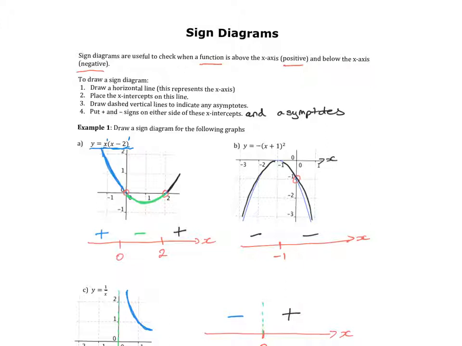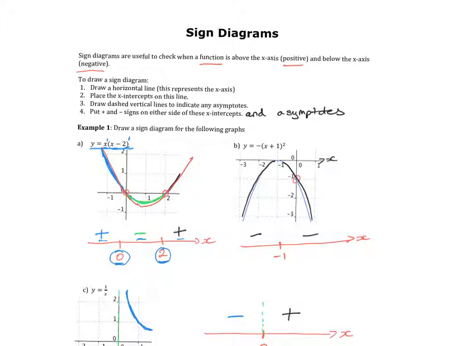So because they both have odd powers, on either side of the corresponding x-intercepts, the sign changes. So on either side of 0, we go from positive to negative, and on either side of 2, we go from negative to positive. Or in other words, the function itself crosses the x-intercept and then crosses it again.